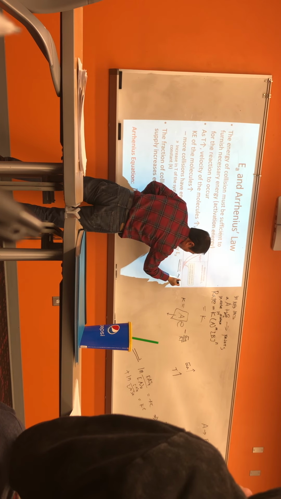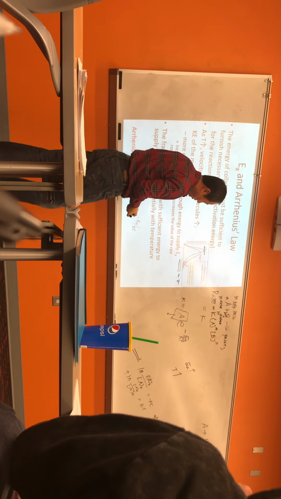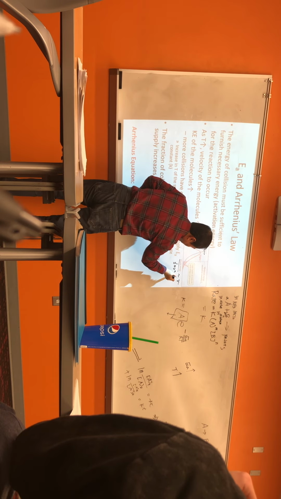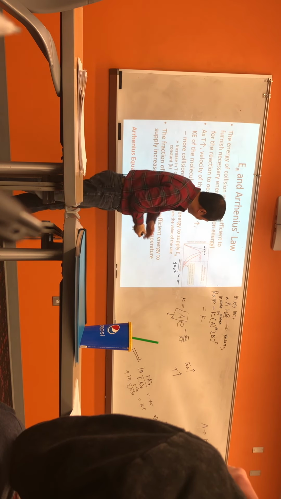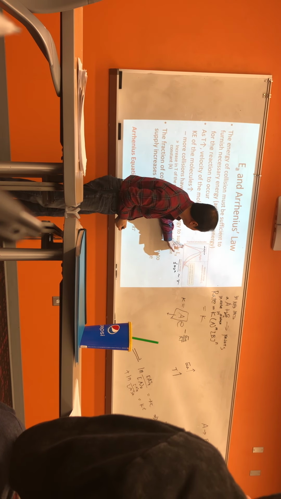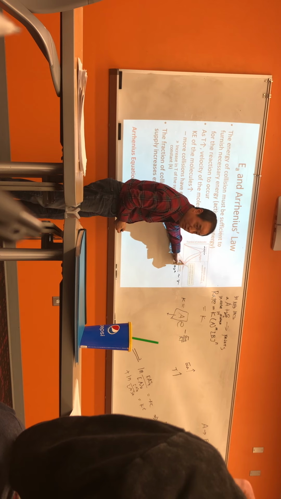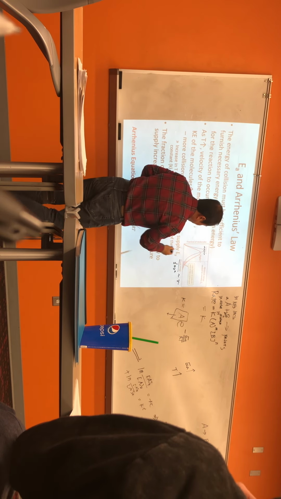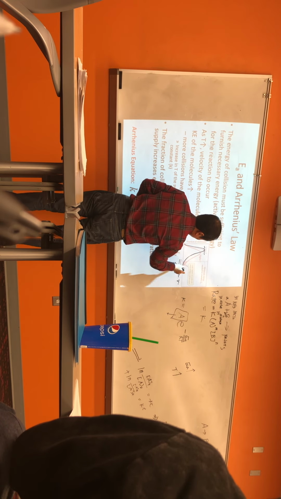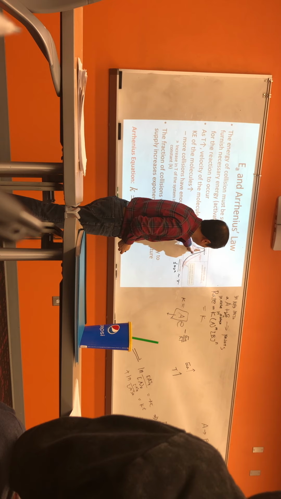Kinetic energy is related to velocity, okay? Because the formula for kinetic energy is 1/2 mass velocity squared. So some will move slower here, so lower energy. Some will move faster. They move at all different speeds. So if I draw this population, it will be like this. This is the distribution. Most of them will move at this speed.